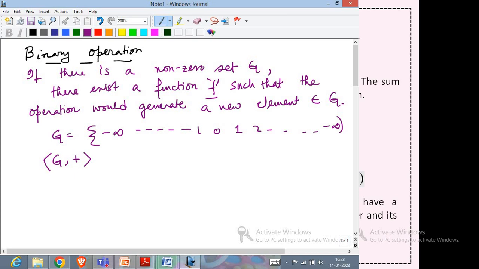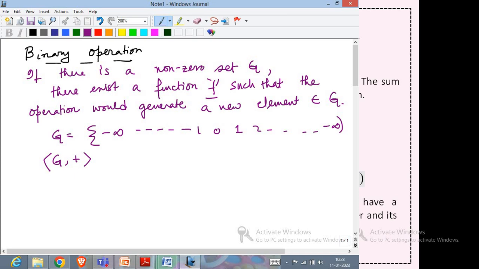G is the set of elements we look into, and plus is a binary operator on that particular set. Now this set can be anything, for example rational numbers, real numbers, anything for that matter. We'll see that example if time permits. So suppose G plus, what does that mean?